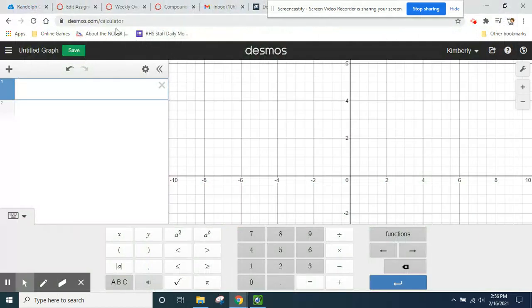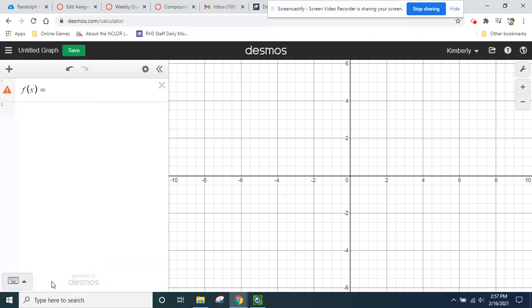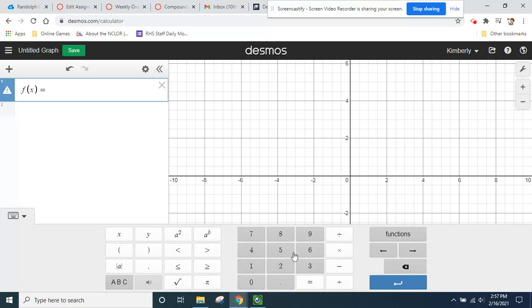So you're going to go to the Desmos graphing calculator, and then we're going to key in f of x equals, now, this is where you've got to get your log function. So you're going to come down here to this keypad, click on it, then you're going to come over here and click on functions.